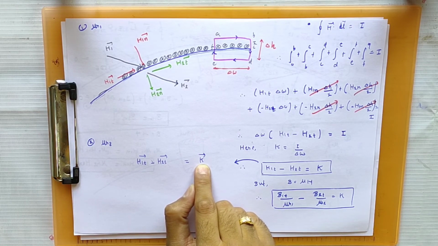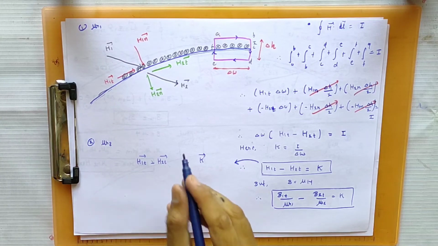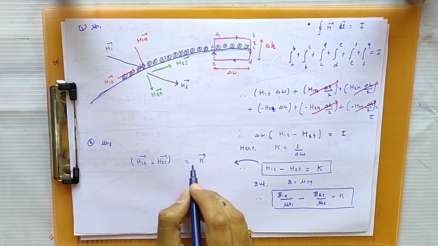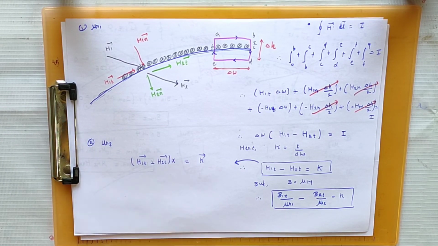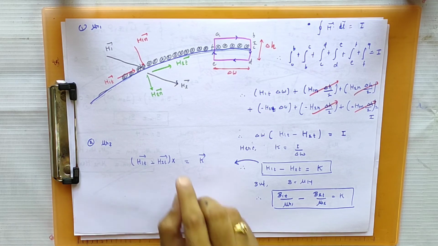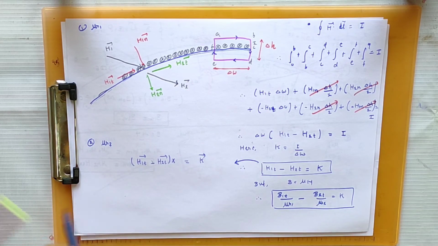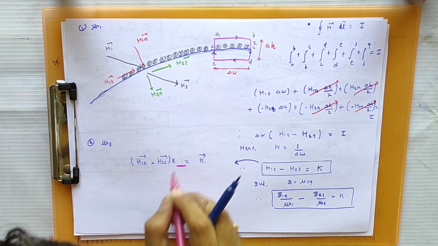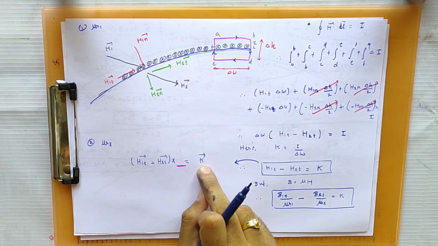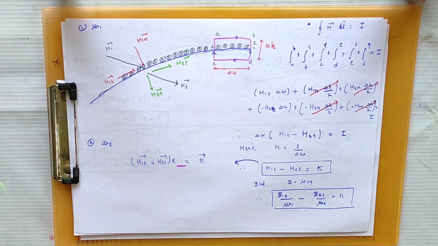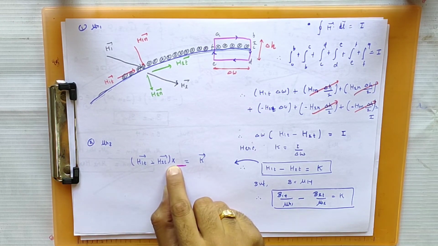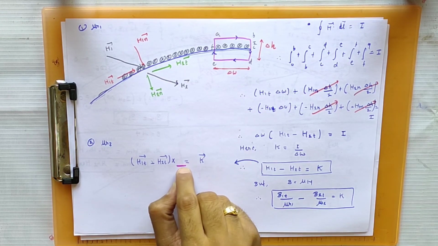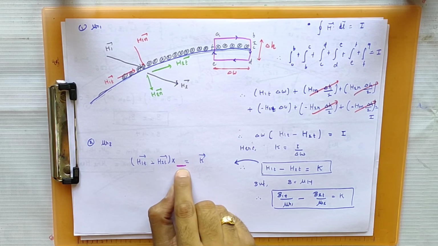So what do we have to do actually? Here we have to do the cross product of this term with one extra term, so that the answer is exactly equal to K. So we have to apply the cross product concept, and something is left here.